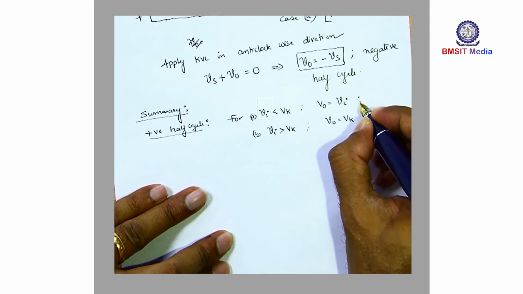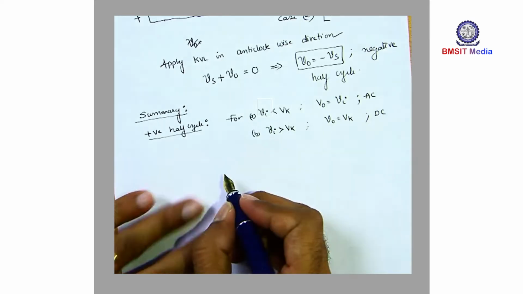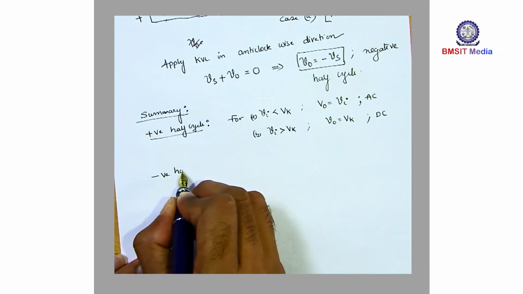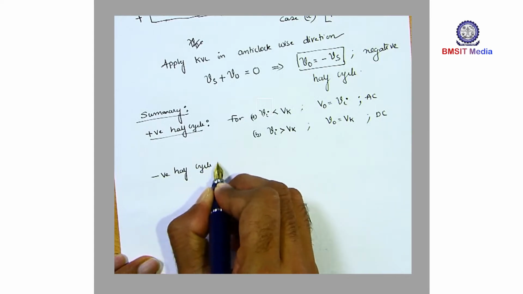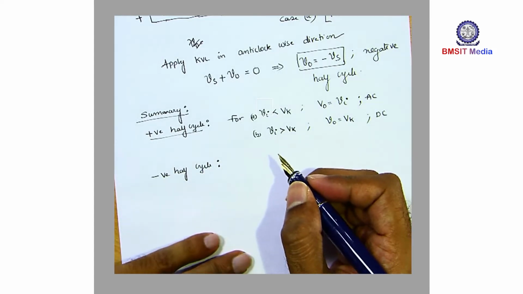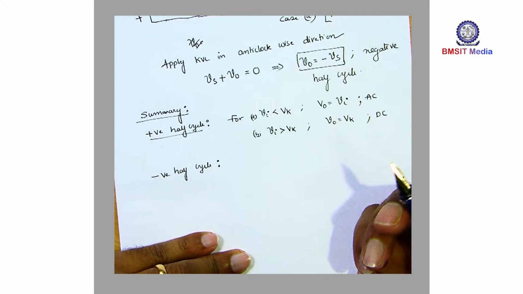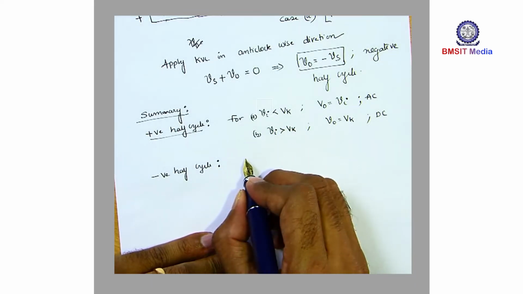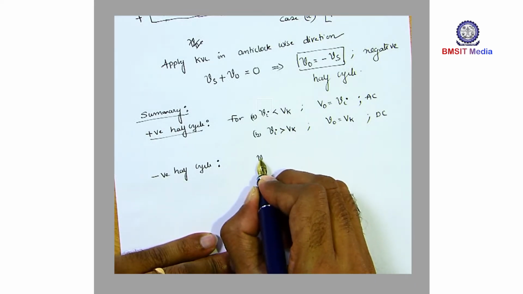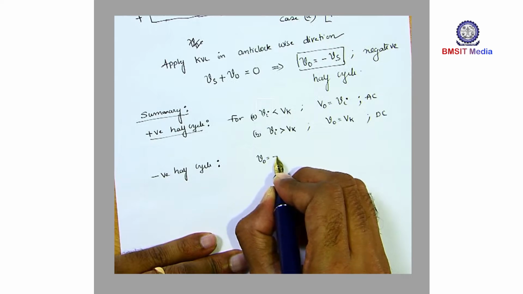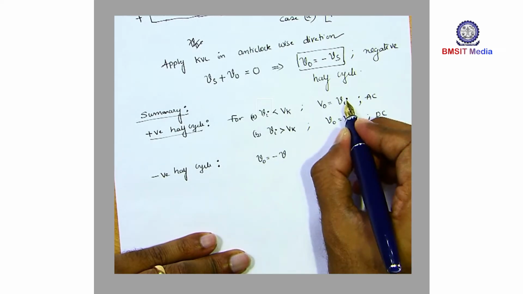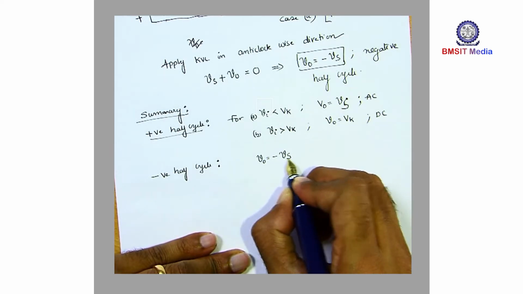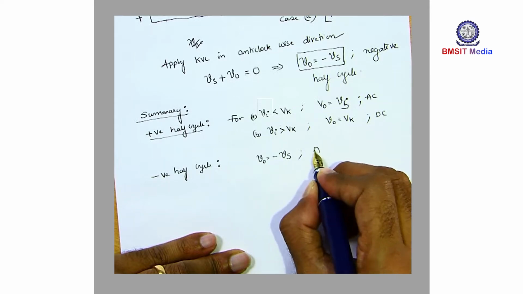So this is AC and this is DC. And for the negative half cycle, just now we discussed, for the entire negative half cycle, the diode is driven in reverse biasing mode, hence output is equal to negative half cycle of the input. So this is basically AC. Alright, so now let's plot the input and output waveforms.